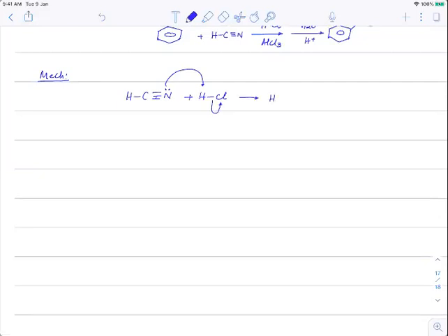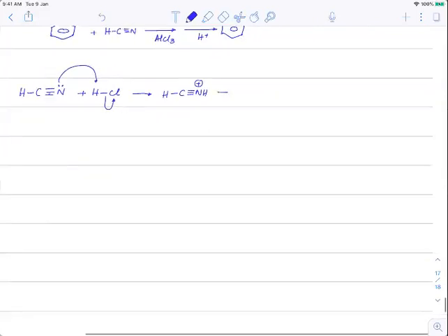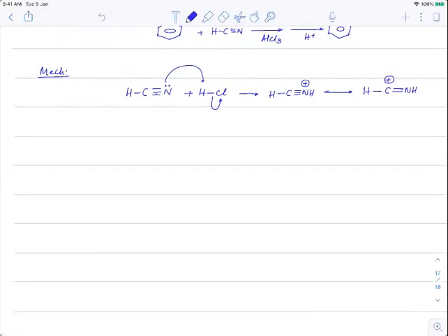That will make it HC triple bond NH positive. If you check its resonating form, it will be HC double bond NH H positive. So again an electrophile is generated. That is all what we need. As long as we get electrophile, it will become easy.